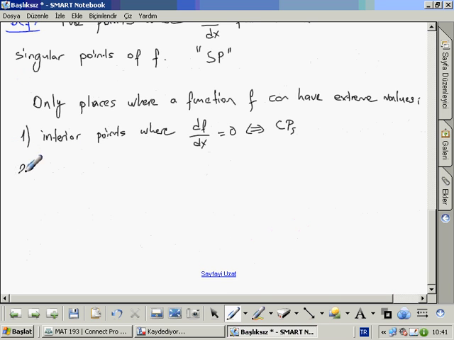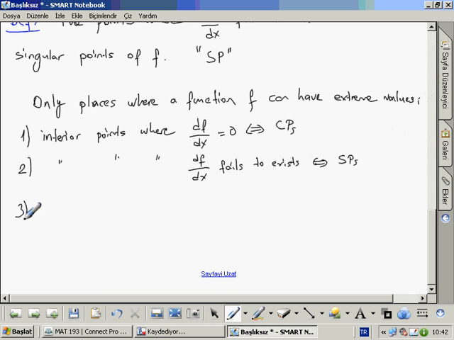And the second, interior points where del F over del X fails to exist, if and only if singular points.